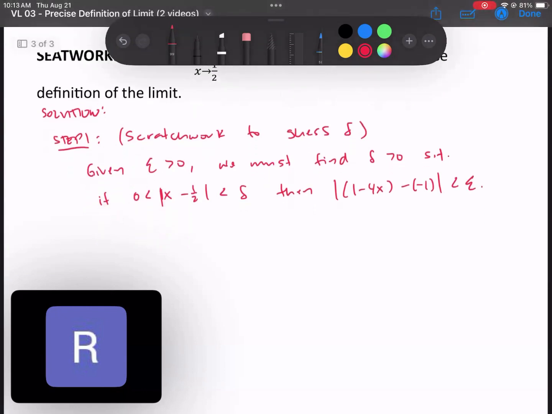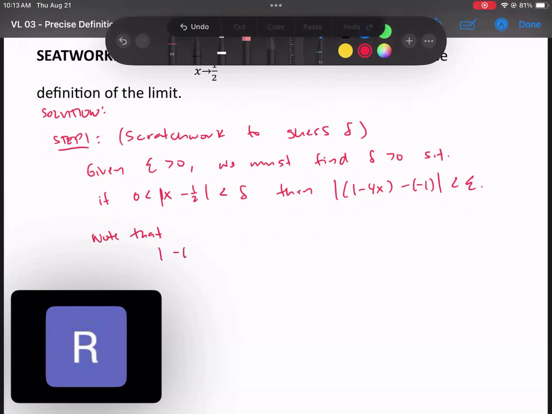So in the scratch work, we start with the conclusion. So note that the absolute value of 1 minus 4x minus -1 is less than epsilon.